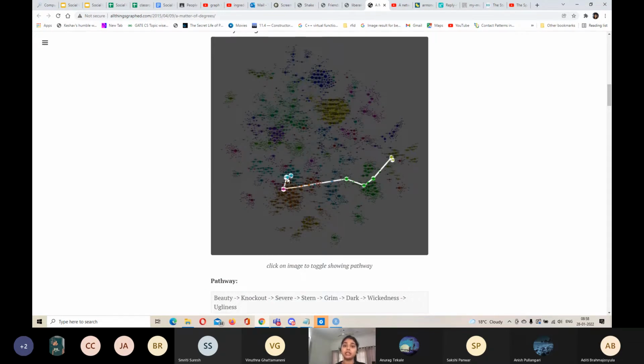This word and this word mean the same, this word and this word mean the same. Somehow you can also connect antonyms. It's how the English language is designed. Some things can be very context specific, they may change their meaning based on the context. That is what it shows.